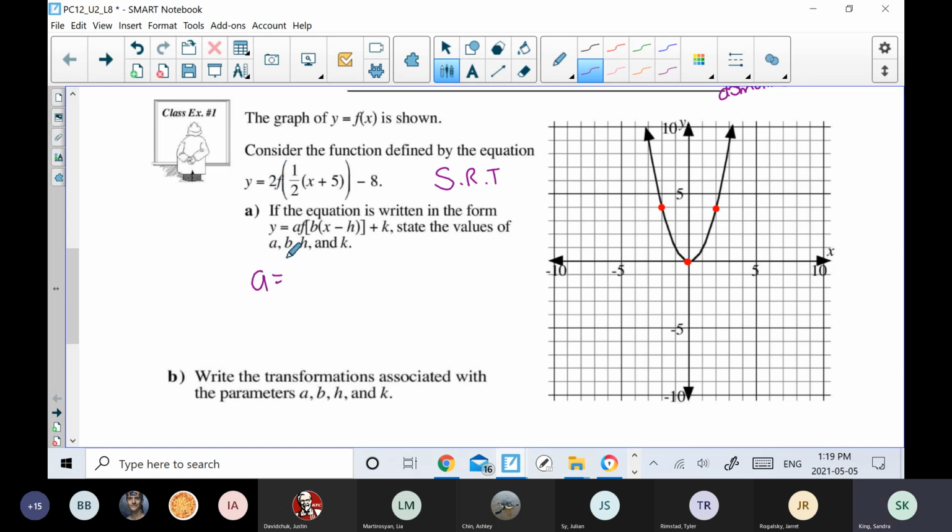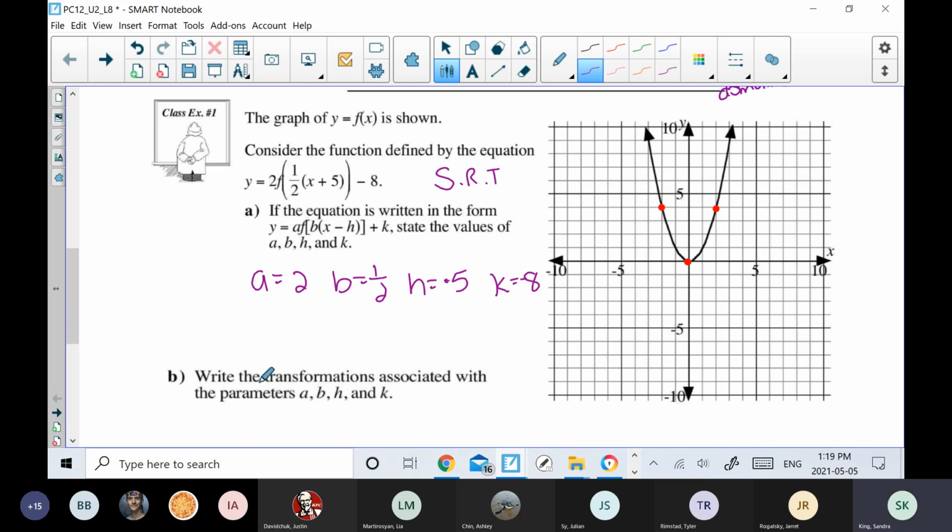So the a parameter is 2. The b parameter is 1/2. I made sure that the b parameter is factored out, and it is. This is going to give you your h parameter, and h is -5. And this is going to give you your k parameter. K is equal to -8.